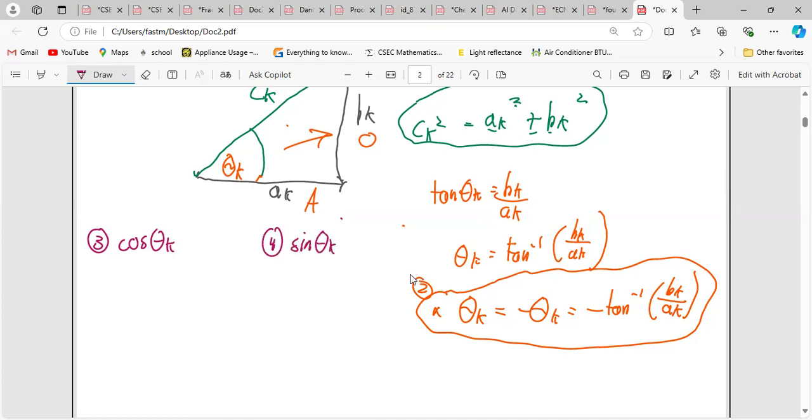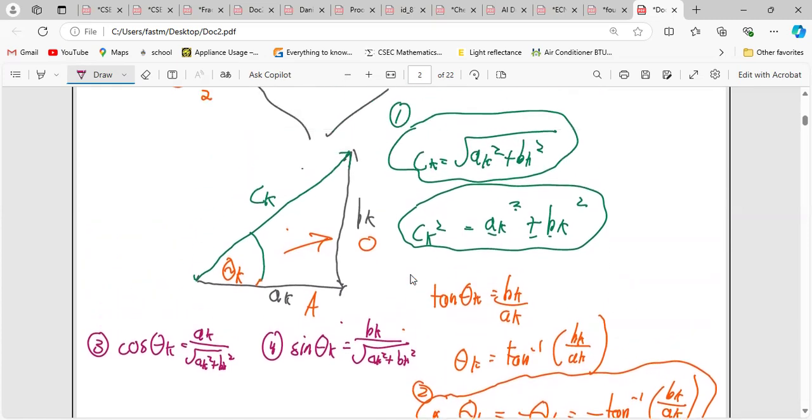So cos theta k, normal SOHCAHTOA: cos is adjacent on hypotenuse. The adjacent is AK and the hypotenuse is the square root of AK squared plus BK squared. And sine theta k is opposite on the hypotenuse, which is BK over the square root of AK squared plus BK squared.